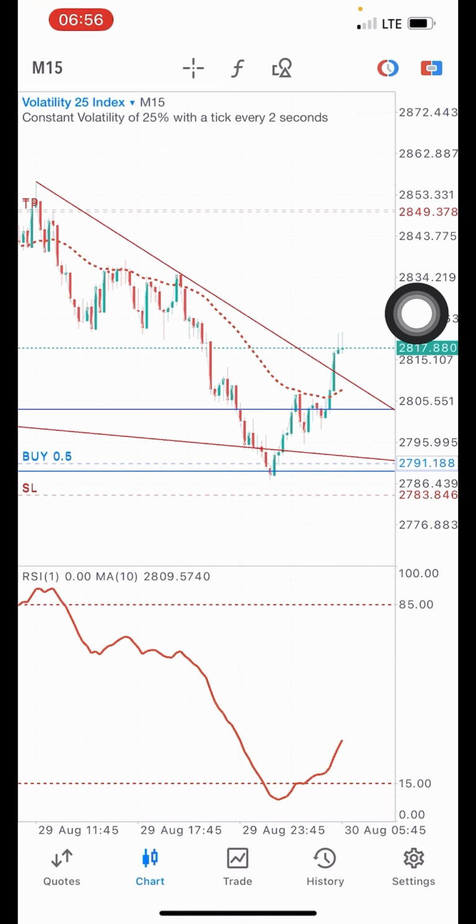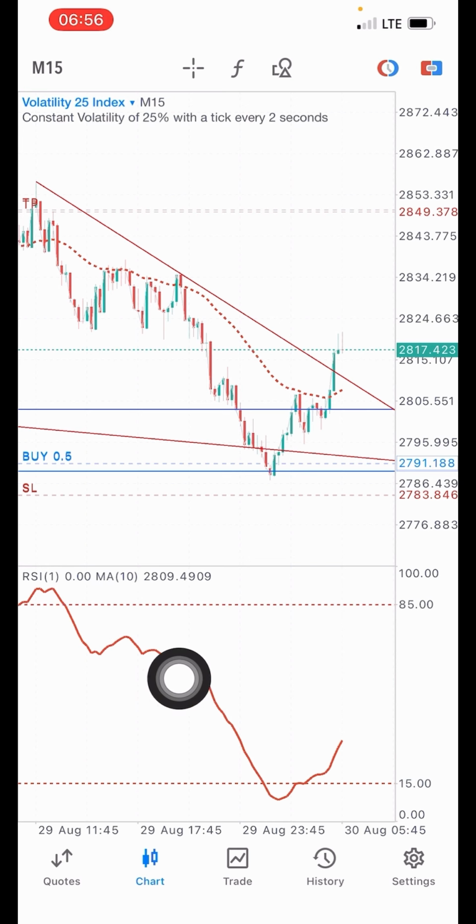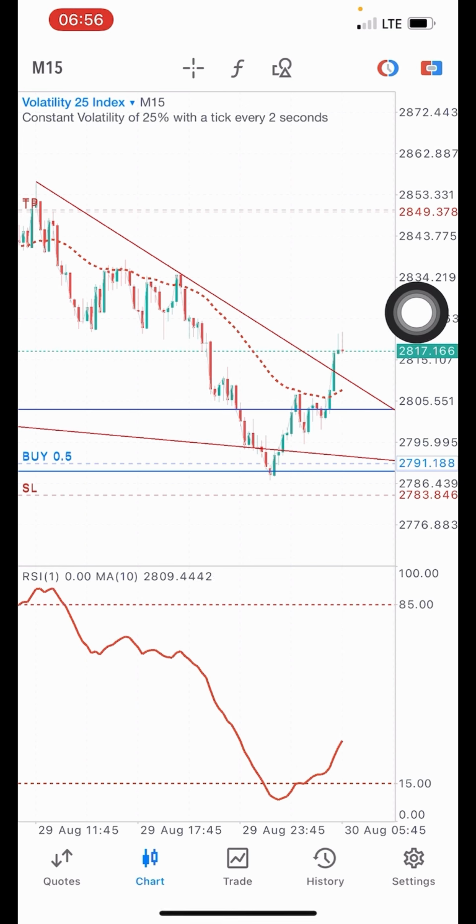Basically what I'm trying to tell you guys here is that indicators are for confirmation. Whenever a setup is being made, you use your indicator to help you confirm if that level is really good. Indicators are just there for confirmation. But some traders use it as a strategy also, and it also works.